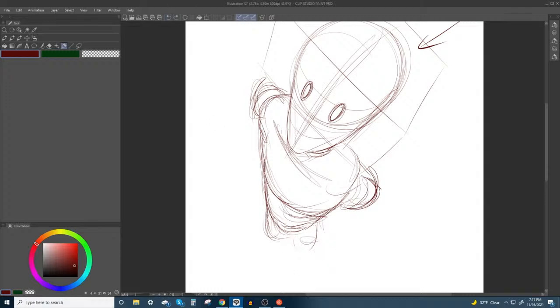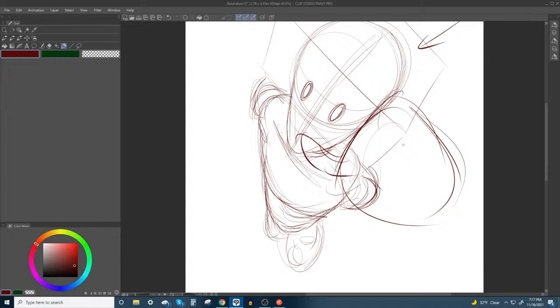But let me see. I have the leg, right? And I put a hand here. Now I'm going to put a hand here, and what's going to happen is that the hand is going to be bigger than what we're looking at.